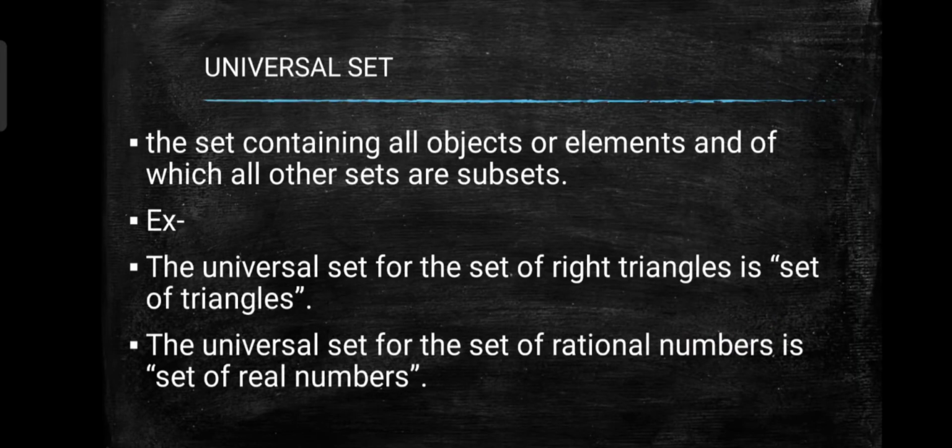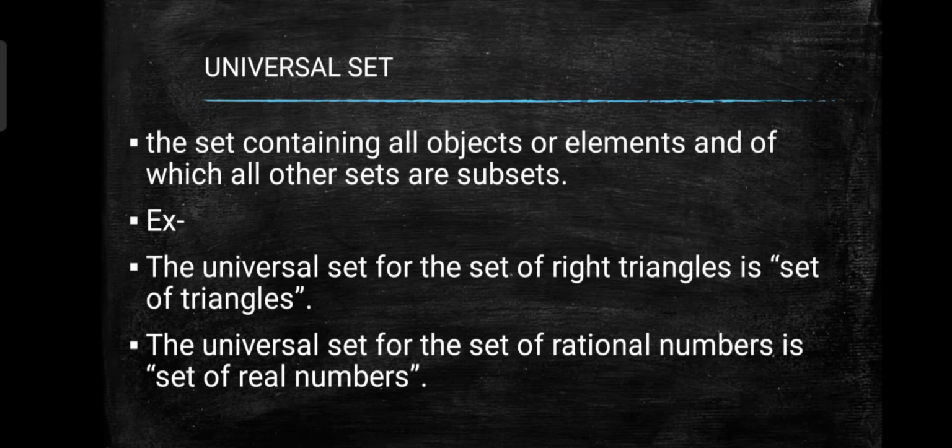Next is your universal set. It is the set containing all objects or elements, of which all other sets are subsets. This comes up when we are talking about the set of labs, the set of golden retrievers and all. What is their universal set? What is their ultimate set? The set of dogs, right?